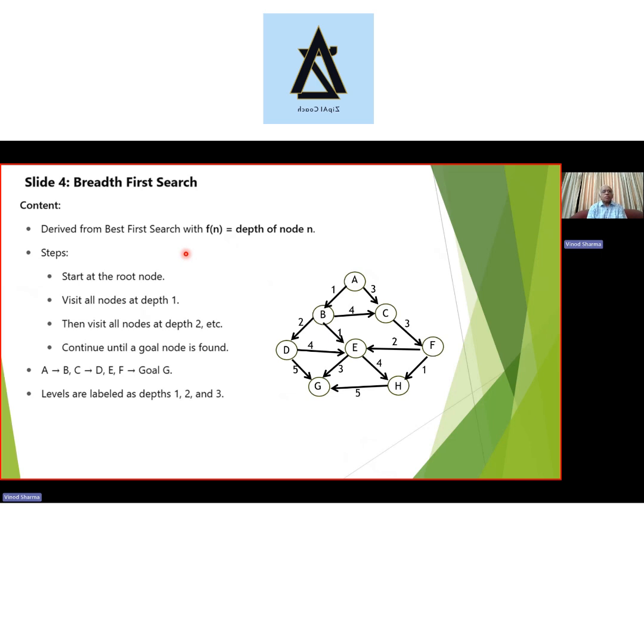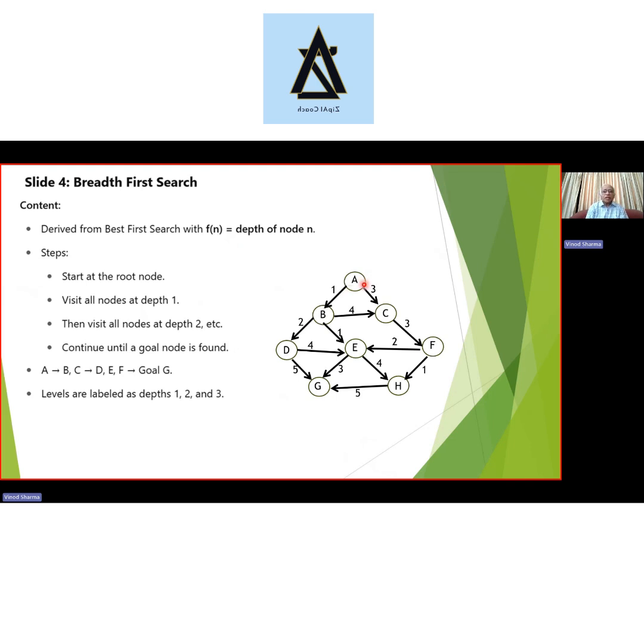And in this algorithm, if you are at any state, then the next step that you have to take is, among the possible steps, choose the node which has the least depth. So this is how this algorithm is defined. You start at the root node, visit all nodes at depth 1, then visit all nodes at depth 2, and so on.